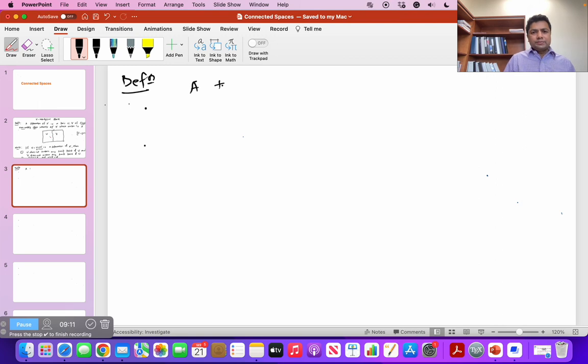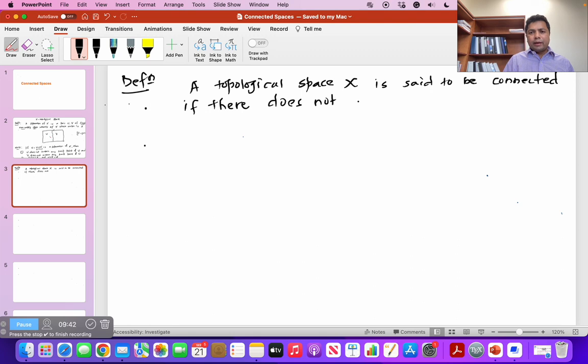A topological space X is said to be connected if there does not exist a separation of X. If there is no separation of the topological space X, then that space is called a connected space.